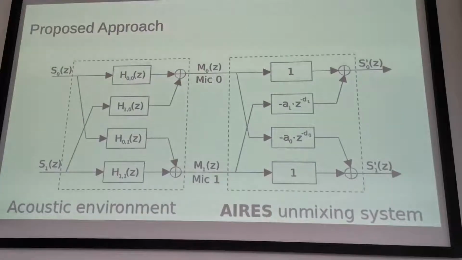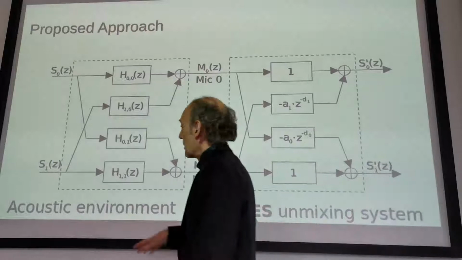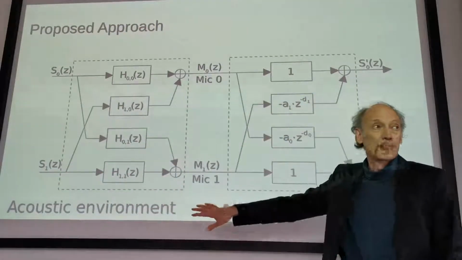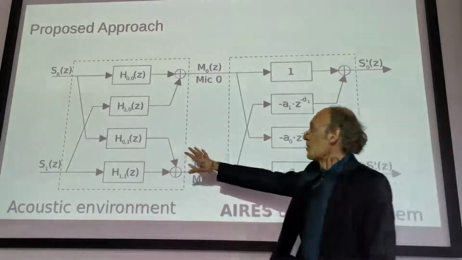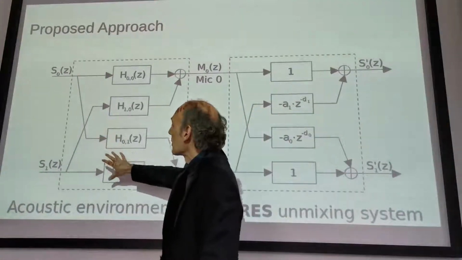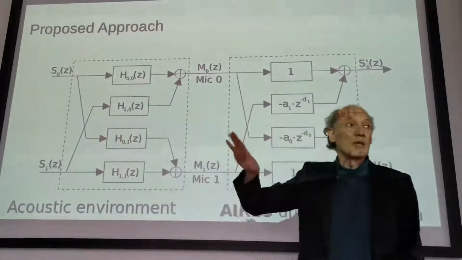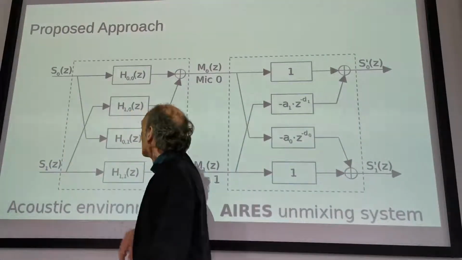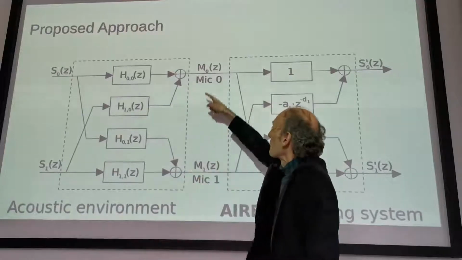And this is the principle that we're using. So here on the left-hand side, you see basically the acoustic environment. Right? So these are not real boxes, but basically this is how we model what's happening in the air. So we have two sources, two speakers in this case, and you have two microphones.